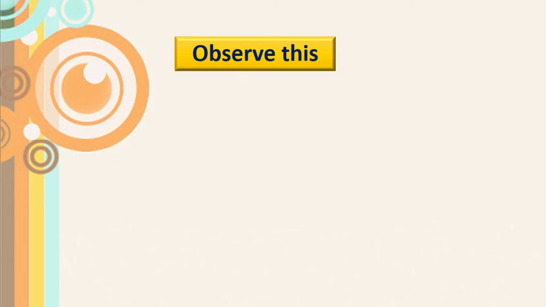Now dear children, I hope you understood about the half. Once again I am going to tell that half means when one whole thing is cut into two equal parts, then it becomes half. Okay? See this. This is a circle. Please observe carefully.